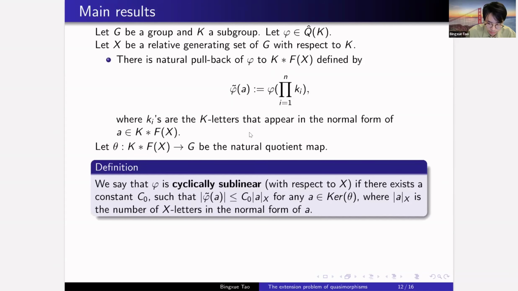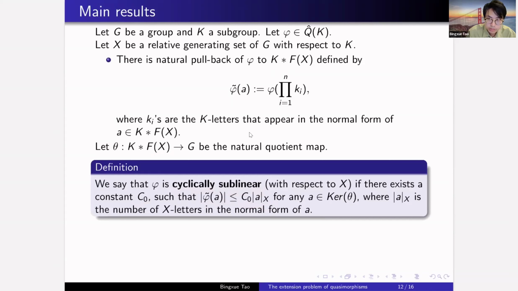Then we define this quasimorphism to be cyclically sublinear if there exists a constant C0 such that the value of the pullback of phi on A is sublinear with respect to this.